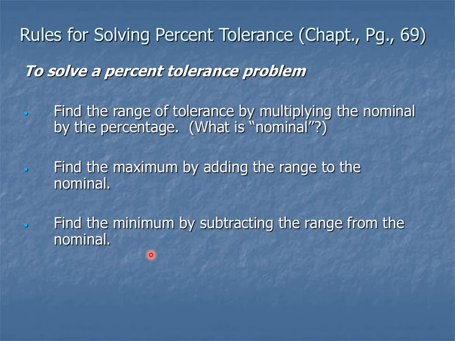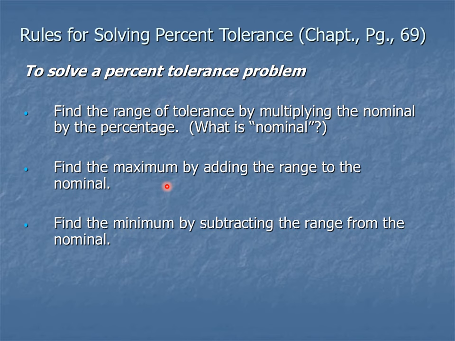Just from the percentage, we can find the maximum limit or the minimum limit of anything. Let's say we have a resistor and it's given that this resistor can tolerate 5% more or 5% less.